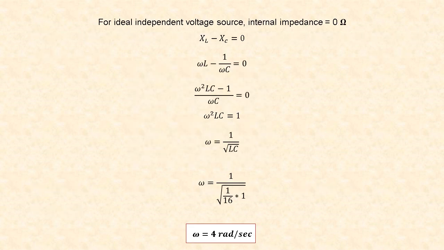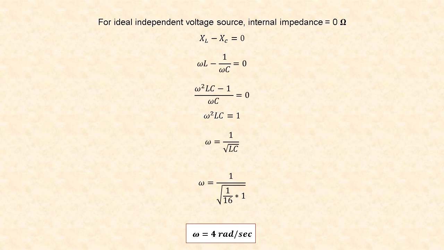We know that for an ideal source, the internal impedance or internal resistance is equal to 0 ohm. So XL minus XC is equal to 0. Here XL is the inductive reactance and XC is the capacitive reactance. XL is nothing but omega L and XC is nothing but 1 by omega C. So substituting for XL and XC, we have omega L minus 1 by omega C is equal to 0.